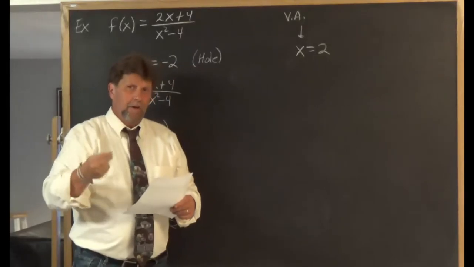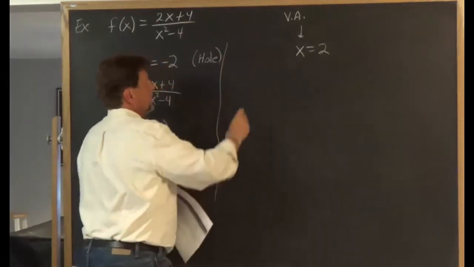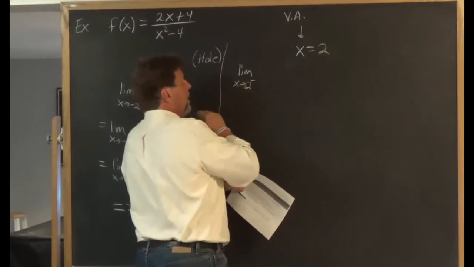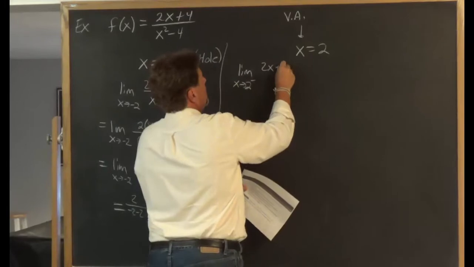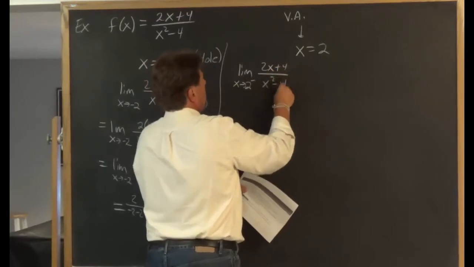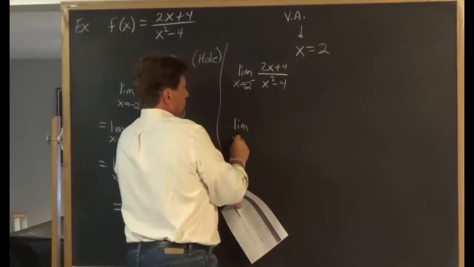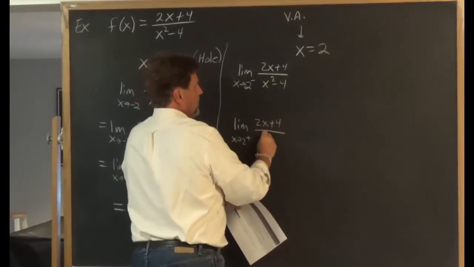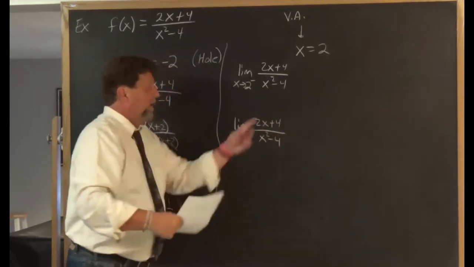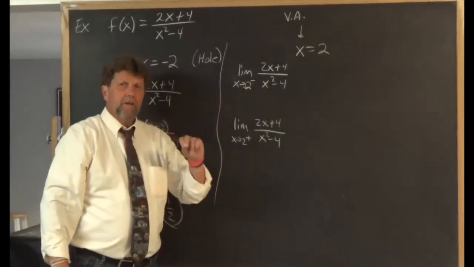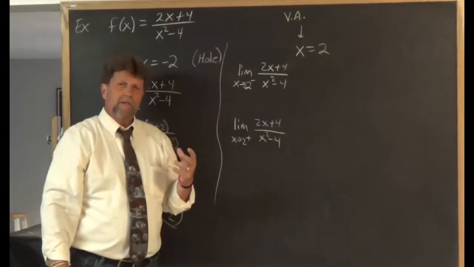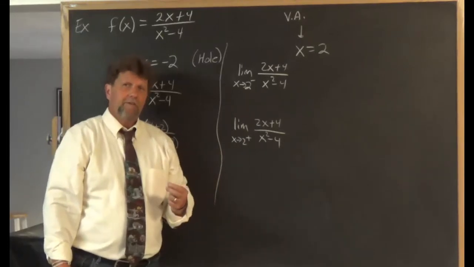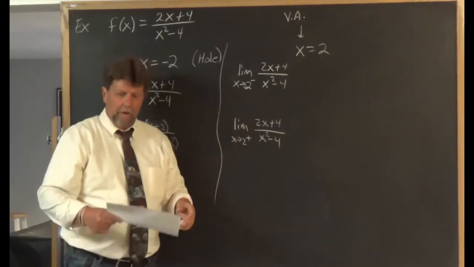So I now know that the limit as x approaches 2 from the left side of 2 and the limit as x approaches 2 from the right side of 2, I know each of these limits is either positive infinity or negative infinity because we have a vertical asymptote.